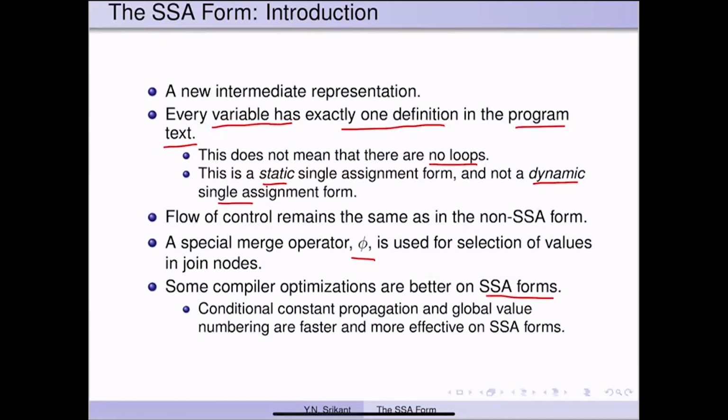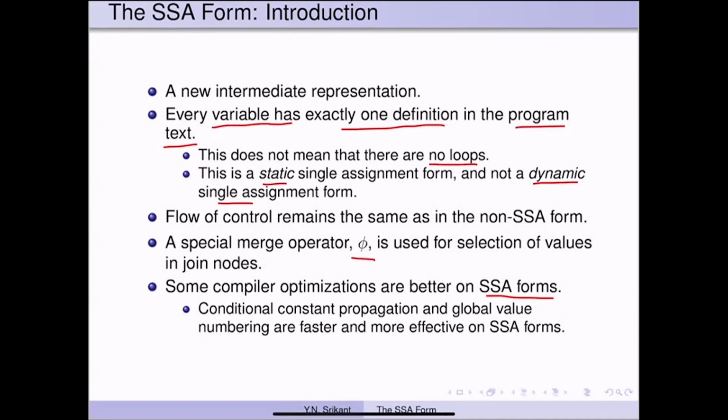Two examples which stand out are the conditional constant propagation algorithm and the global value numbering algorithm. So we have seen the value numbering algorithm on basic blocks.